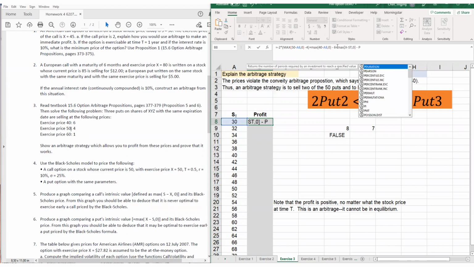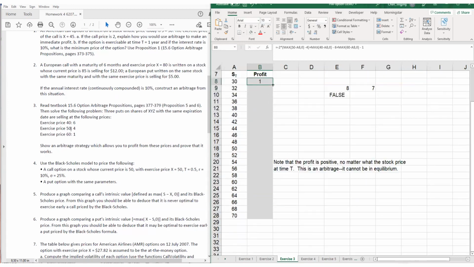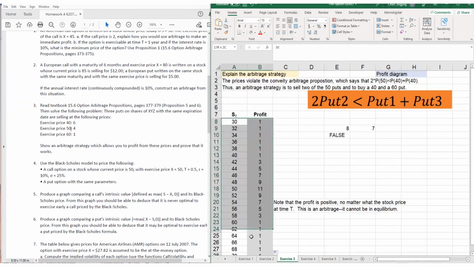And also buy a 60 put. The price for the 60 put will be 1. So then drag it all the way down. Make a diagram.